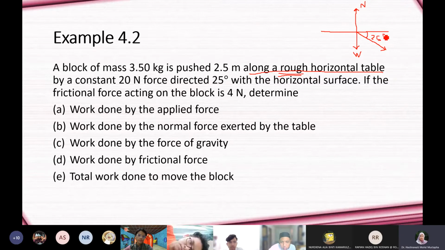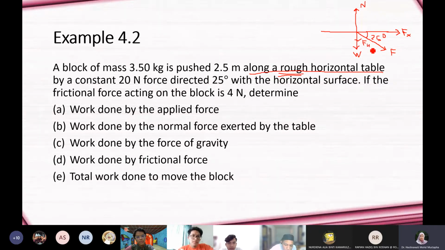Alright. So, because of F dekat sini, so you need to, ini adalah Fx. So, you can identify lah Fx dengan Fy. Okay, so ini adalah Fx. So, sini adalah Fy.